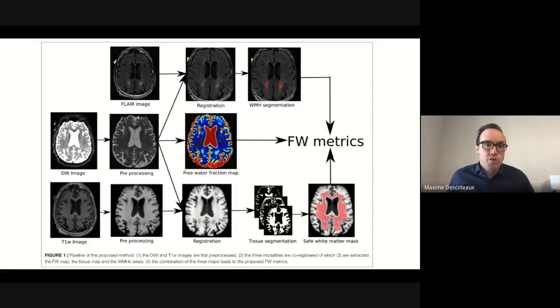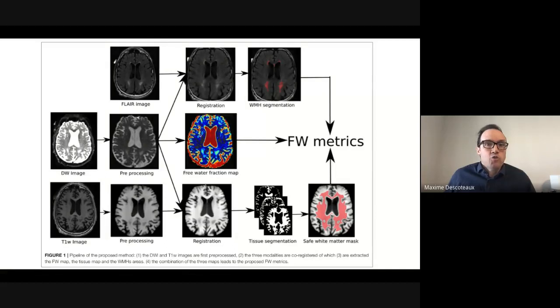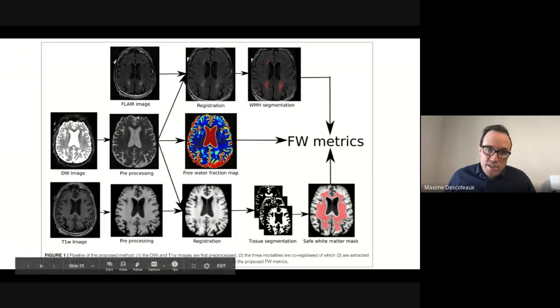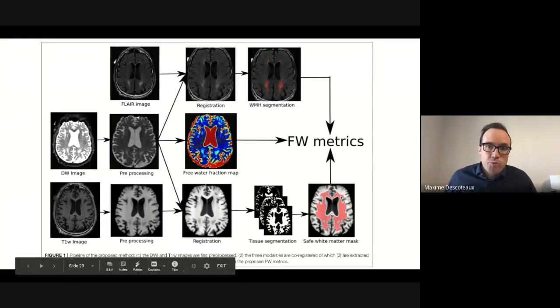For instance, you see here lesion segmentation, you see mask processing to combine the free water model in just a safe white matter mask far from the CSF to make sure we're not contaminated by free water CSF, so far from the ventricles and far from the convolution of the external brain, to just compute the average free water in this mask.